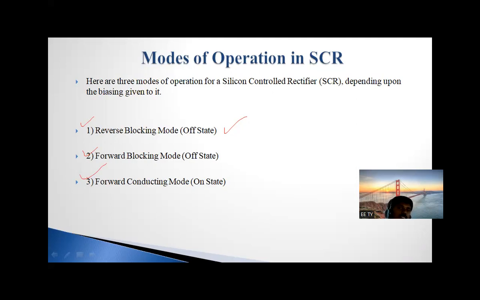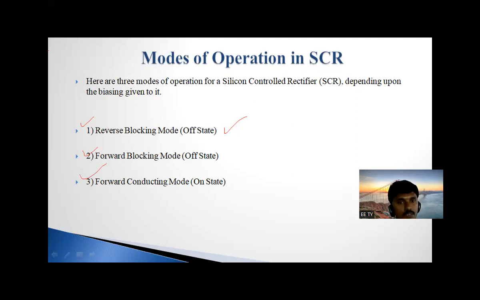So generally, the SCR will be operated in three modes: reverse blocking mode, forward blocking mode, and forward conducting mode. When this SCR is operating in reverse blocking mode, when it is operating in forward blocking mode, and when it is operating in the forward conducting mode.